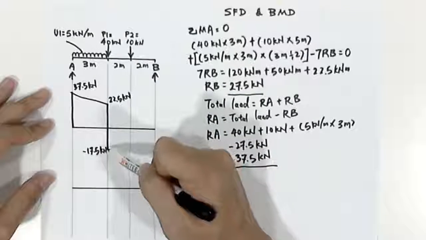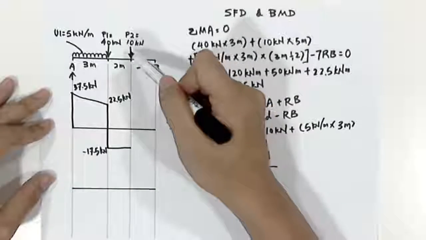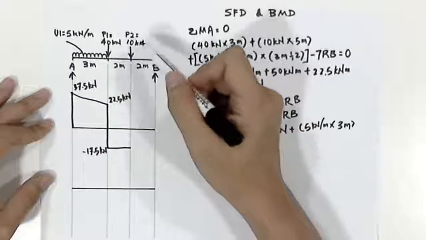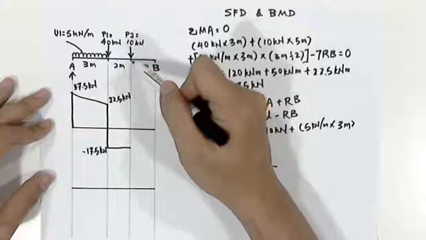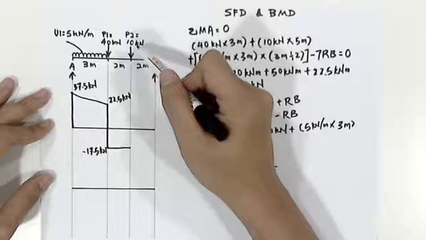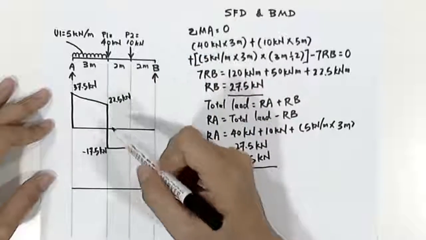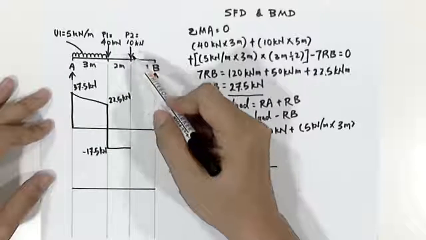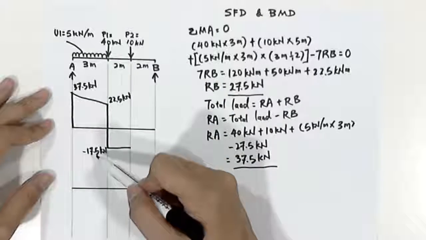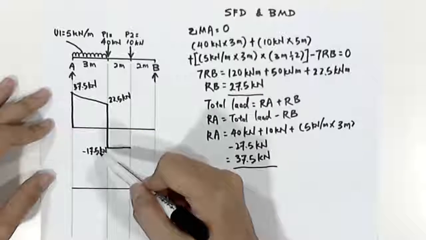So how we go about this is that we draw one straight line until we reach the third point. At this point, we have point 2, a 10 kilonewton acting here. Therefore we'll have to deduct 10 kilonewton out of negative 17.5 kilonewton.